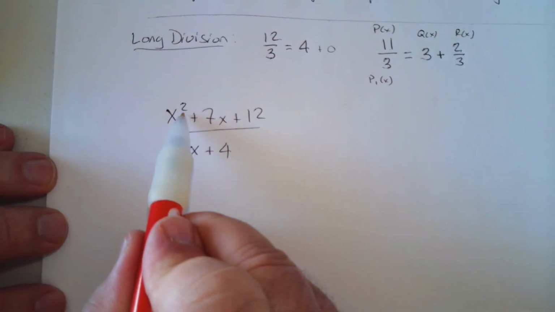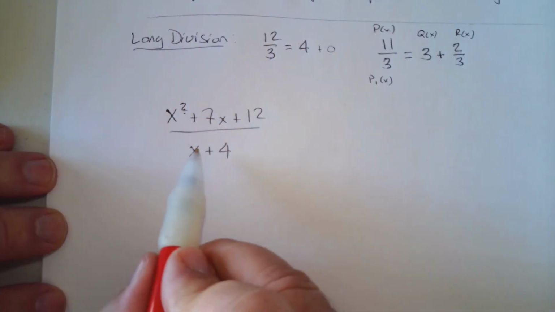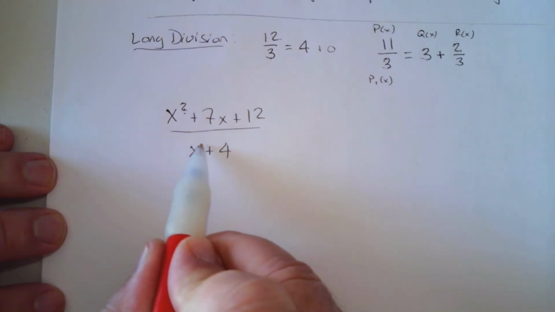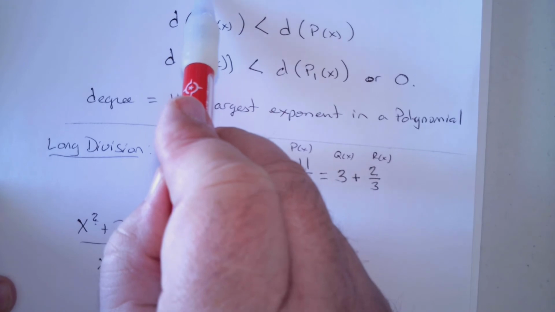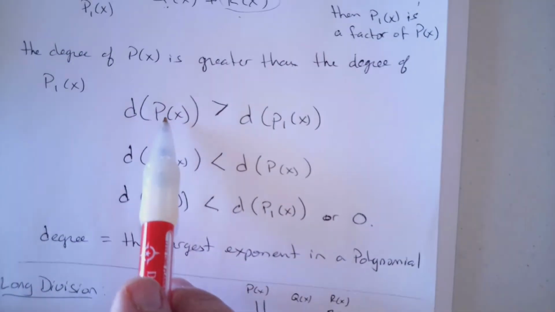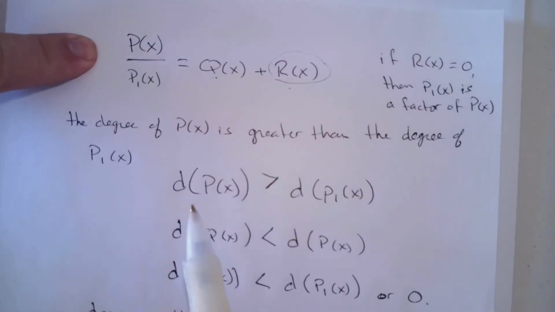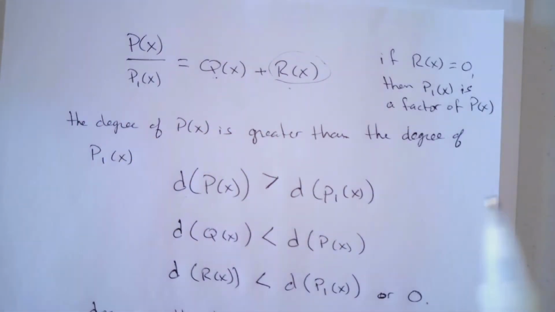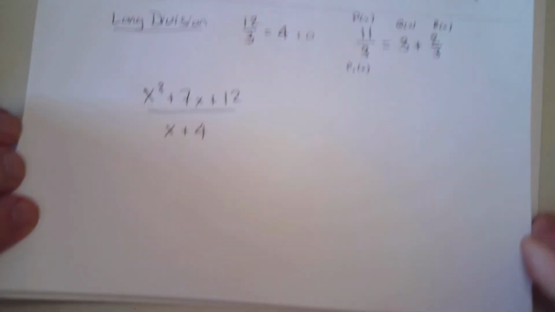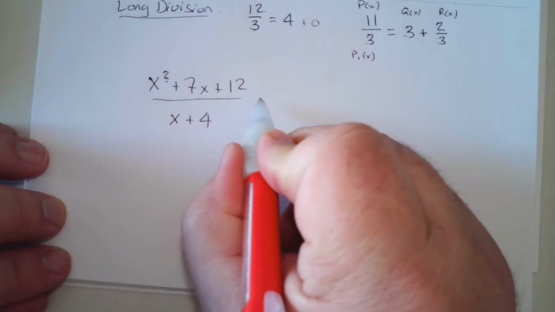Notice the degree of the numerator is 2. The degree of the denominator is 1. So that's what this says. The degree of the top has to be greater than the degree of the bottom. And that's what we got here. That's the first step.